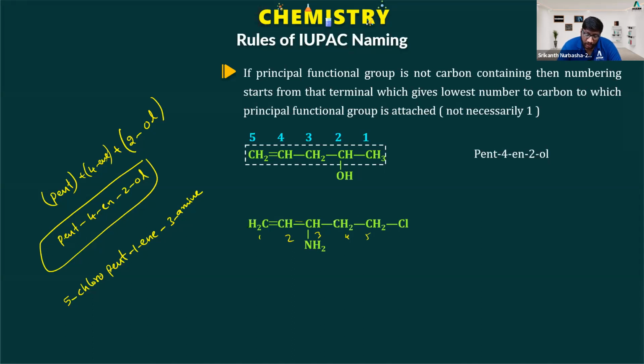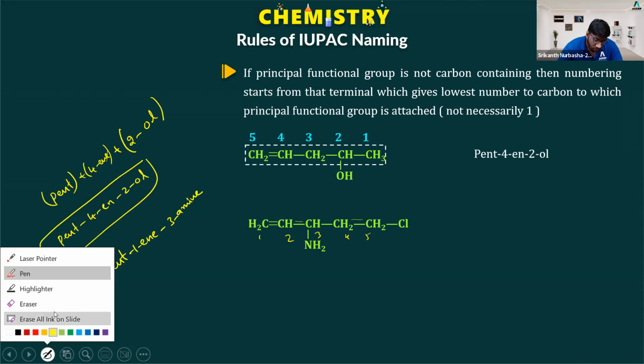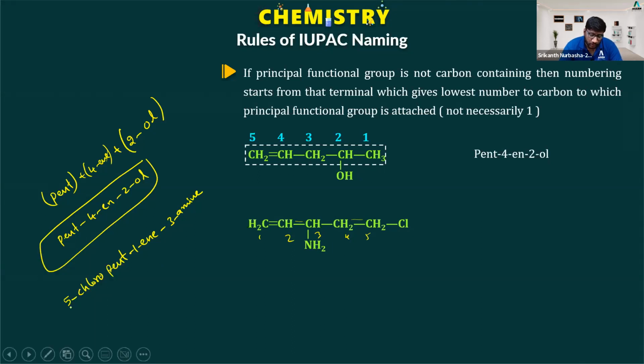If I have a double bond here, then also NH2 cannot be there, because the carbon is already involved in 4 bonds. If I have a double bond here, then the chlorine cannot be 5-chloro, it would be 1-chloro. So as I said, 5-chloro is the only possibility, so you don't need to place it. If you place it also, not an issue. So 5-chloropent-1-en-3-amine is going to be the correct name of this particular compound.